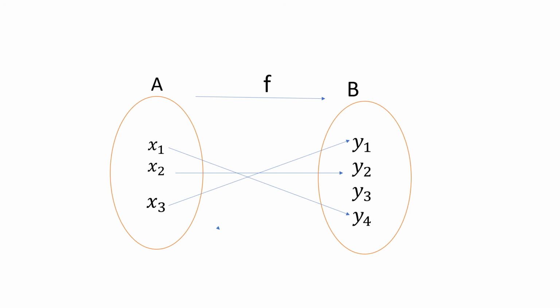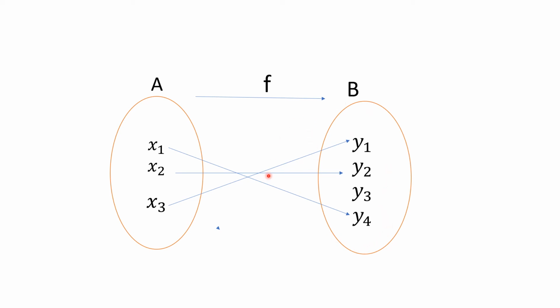Here is an example of a function f from the set A equal to {x1, x2, x3} to the set B equal to {y1, y2, y3, y4}. Clearly, the set {x1, x2, x3} is the domain of this function and the set B equal to {y1, y2, y3, y4} is the codomain of the function.